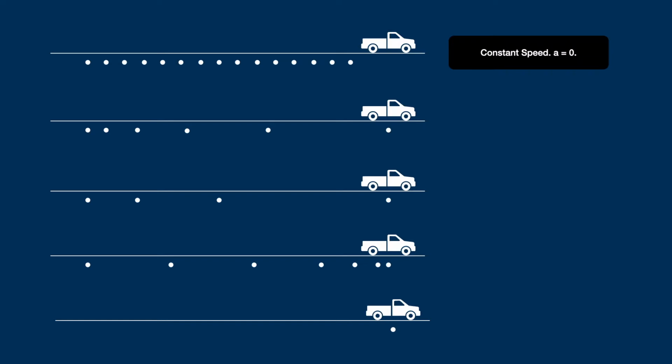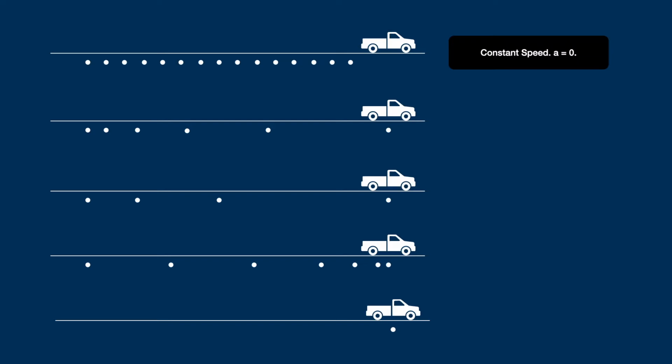Notice how the spacing between the first and the second oil drop is smaller than the spacing between the second and the third oil drop. And then that's even smaller than the third and the fourth, and then that's smaller than the fourth and the fifth, and so on.